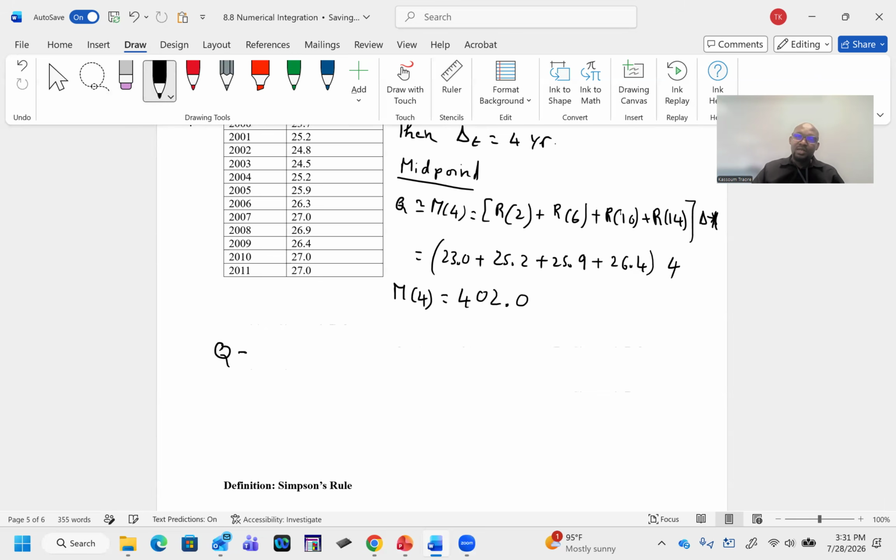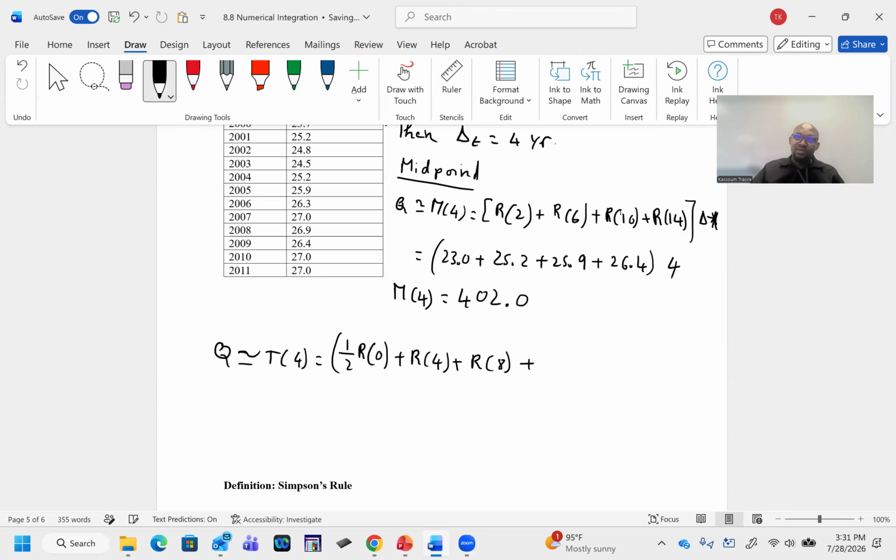Q will be approximately T of 4, which will be 1/2 R of 0, plus R of 4 plus R of 8, right?